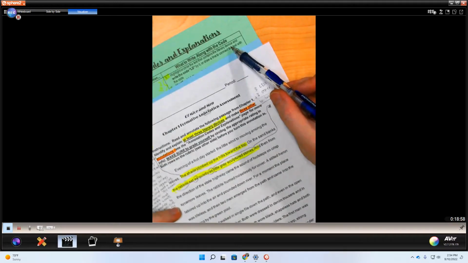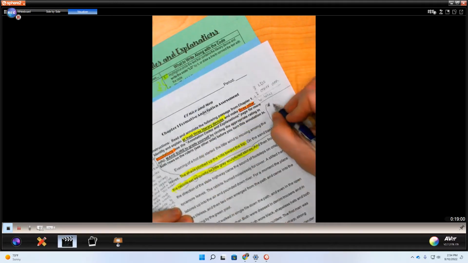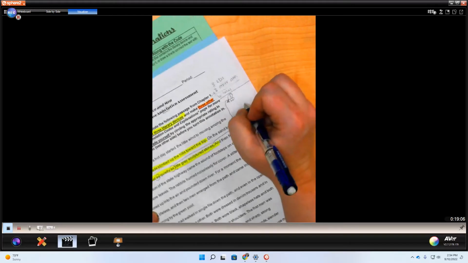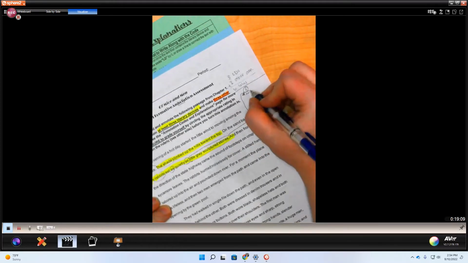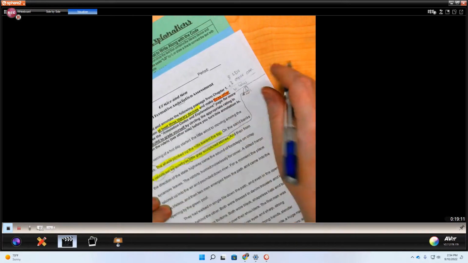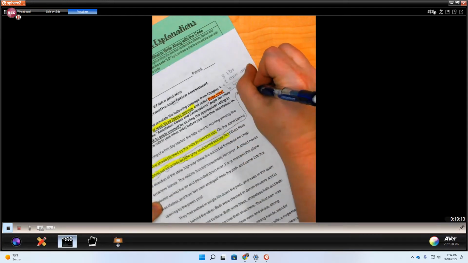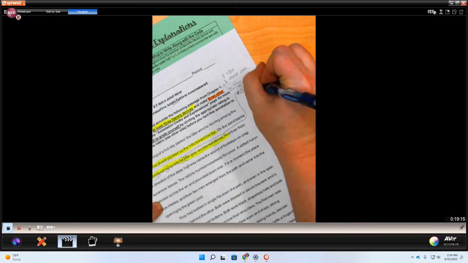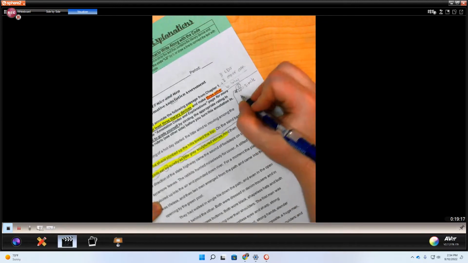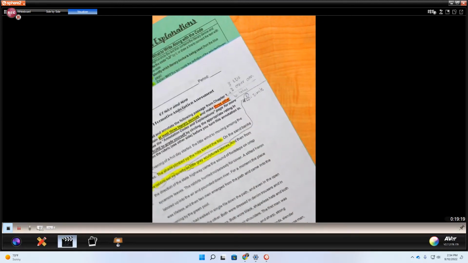I did that. And then I need to write the code LD. So I did that. And this is my second literary device. I'm just going to number that so I can be sure I'm doing everything I need to be doing. So it's a literary device. And then I checked my blue sheet and I know that this is a simile. And then so I've identified which literary device it is.